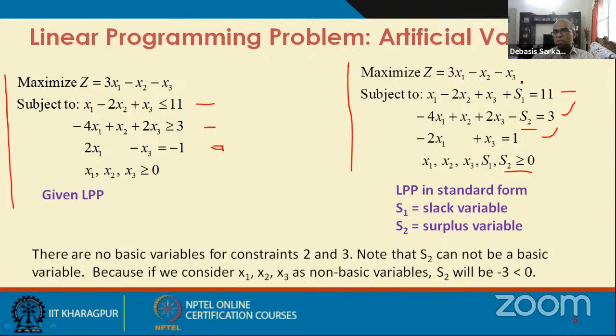But there is no problem with this one. If I set x1, x2, x3 to 0, s1 becomes a basic variable. So a less than or equal to type constraint doesn't create a problem, but a greater than or equal to type creates a problem because of the minus sign of the surplus variable.